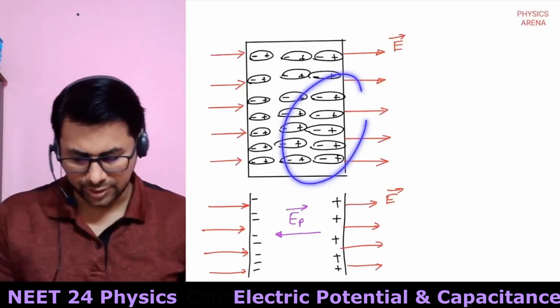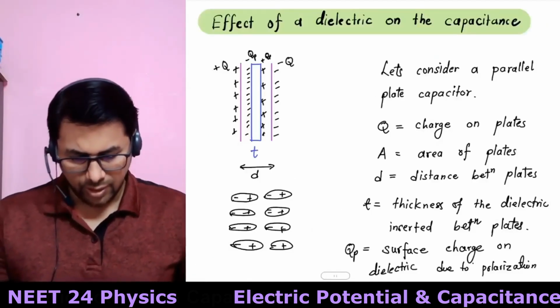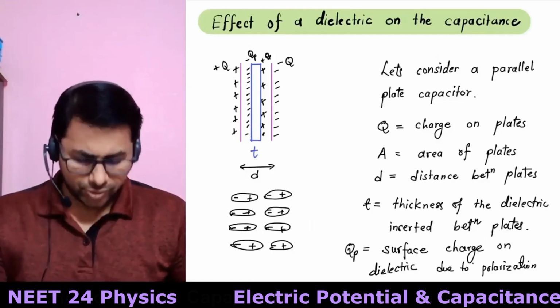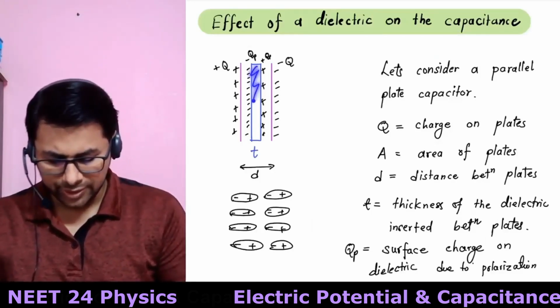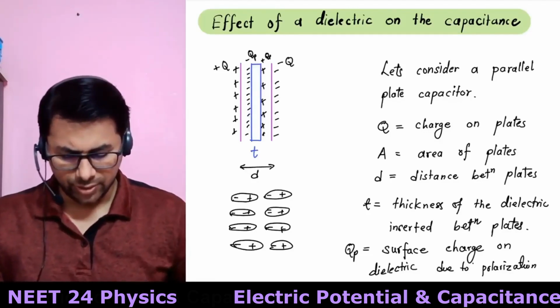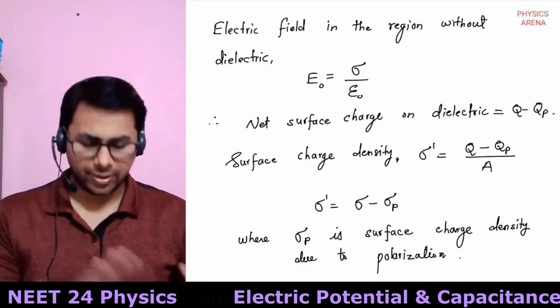Here I have just shown the dielectric. Then the effect of the dielectric on the capacitance. So now suppose you insert a dielectric slab, what happens to the capacitance? For this we just have to remember the direct formula.